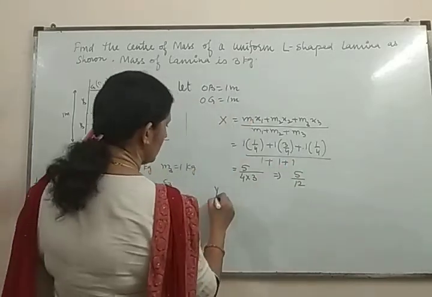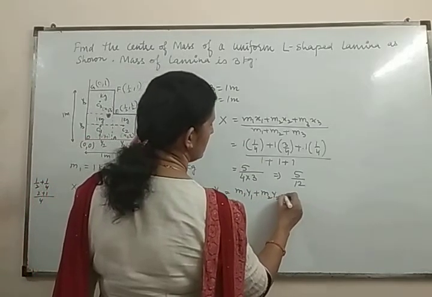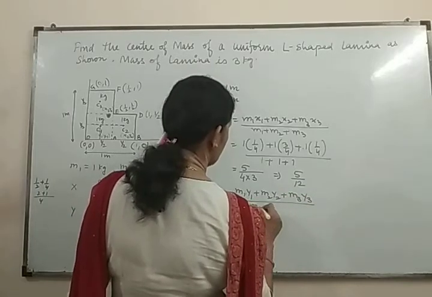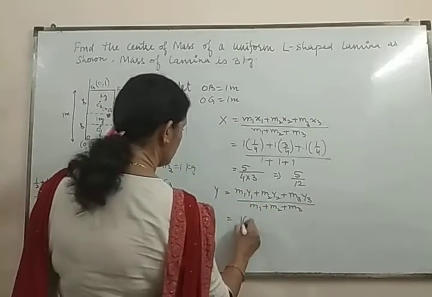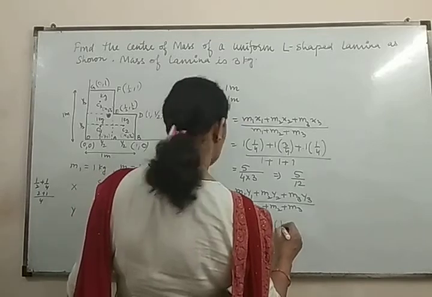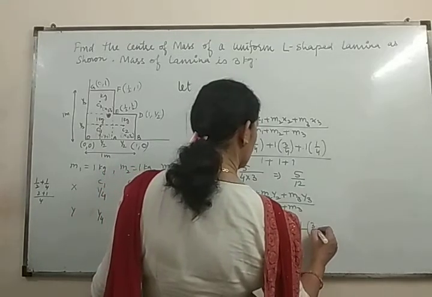And for the y coordinate, similarly (m1 y1 + m2 y2 + m3 y3) divided by (m1 + m2 + m3). m1 is 1 into y1 which is 1 by 4, plus 1 into 1 by 2, plus 1 into 3 by 4.